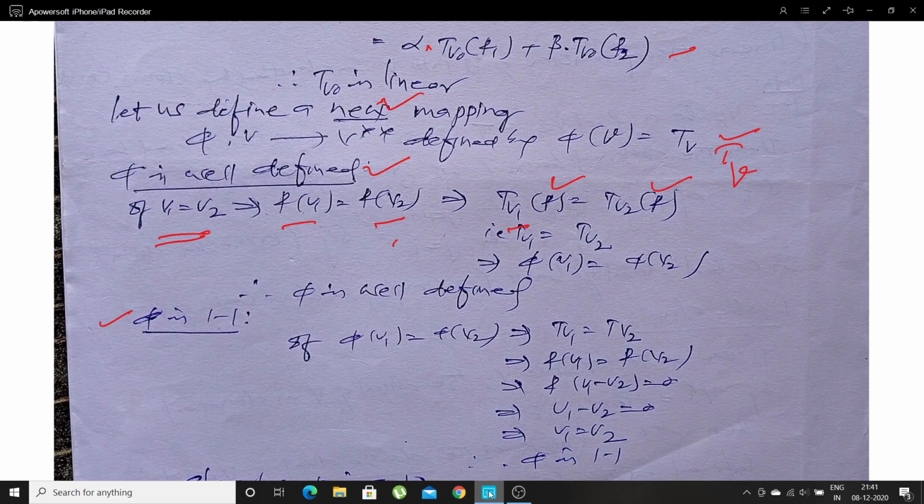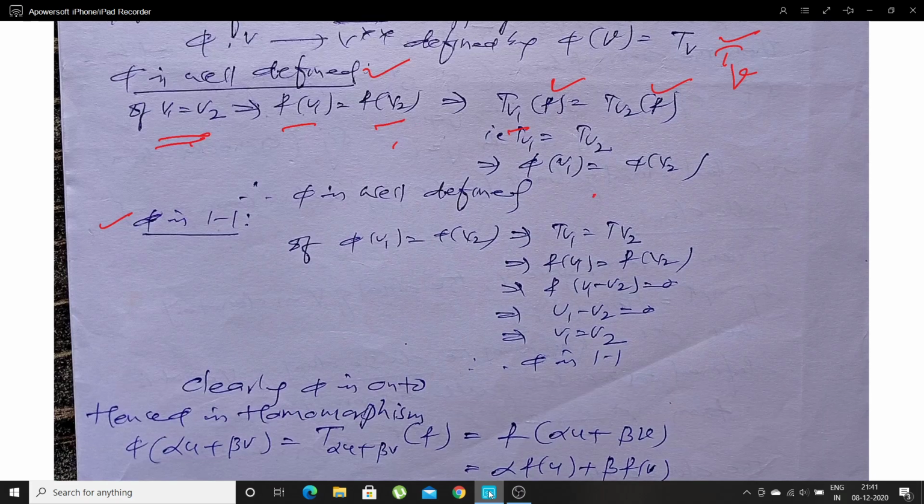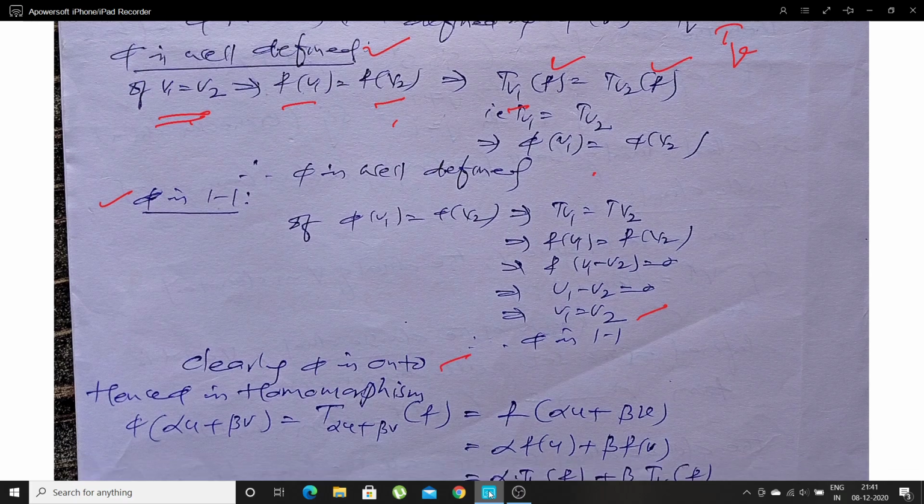Here we have taken: if the elements are equal, the images are equal. Now to verify one-one, let me take: if the images are equal, are the elements equal or not? If phi of V1 equals phi of V2, then using the given condition, we can prove that V1 equals V2. That indicates phi is one-one. As I said a number of times, the condition of the mapping itself shows it is onto. Clearly the mapping is onto.